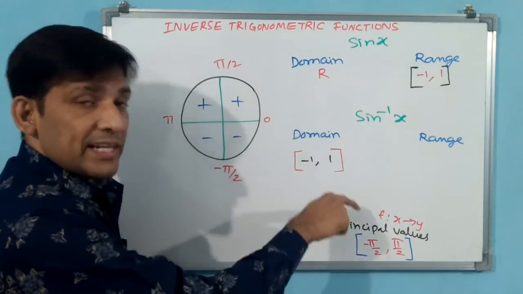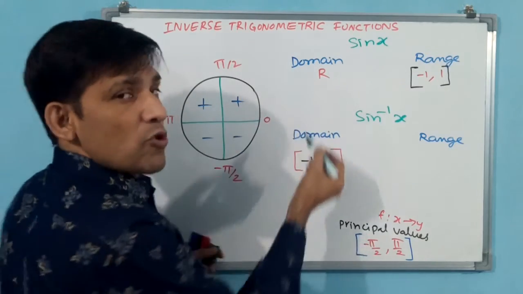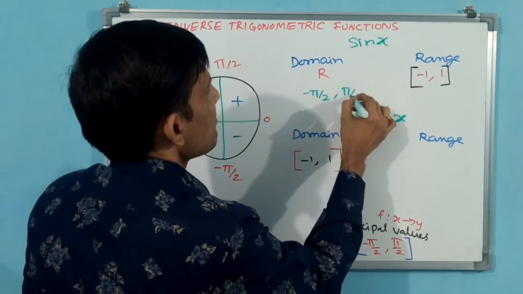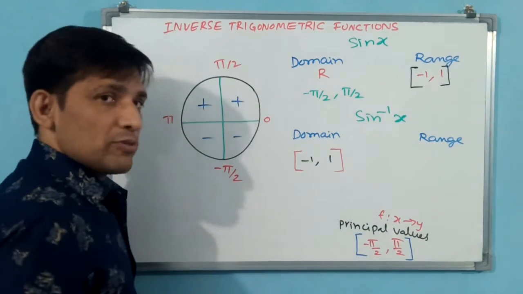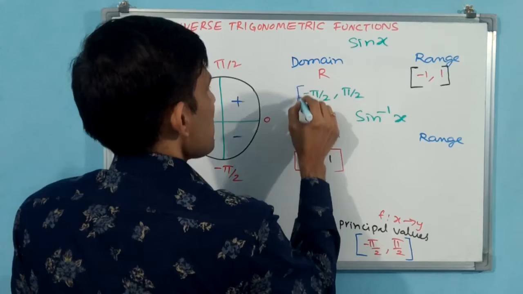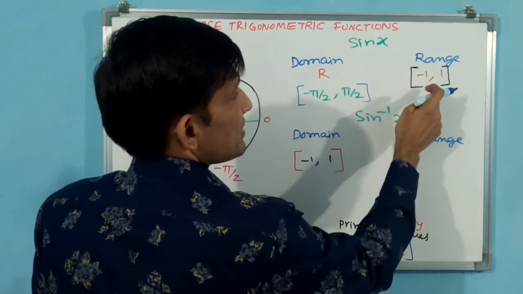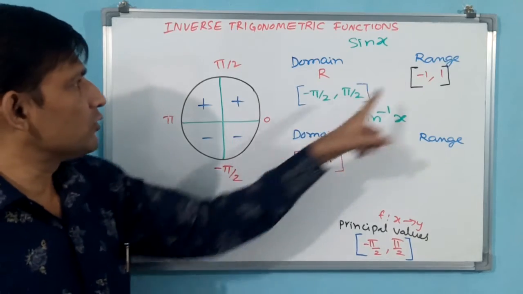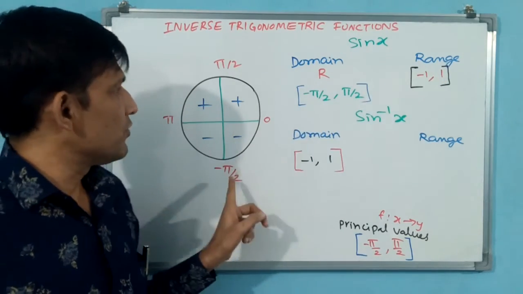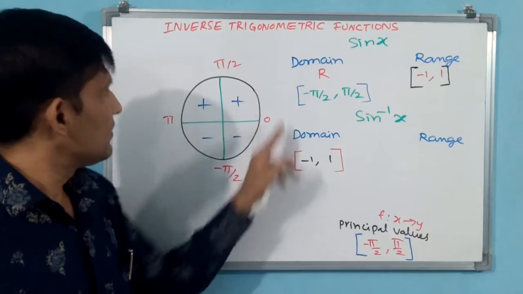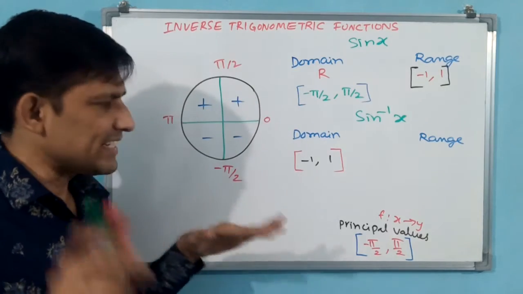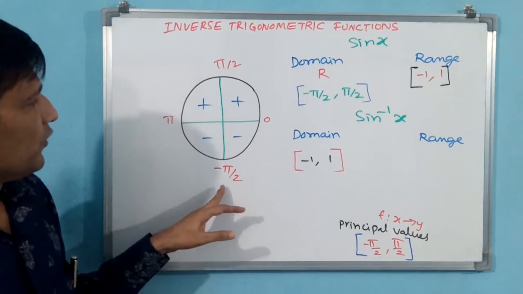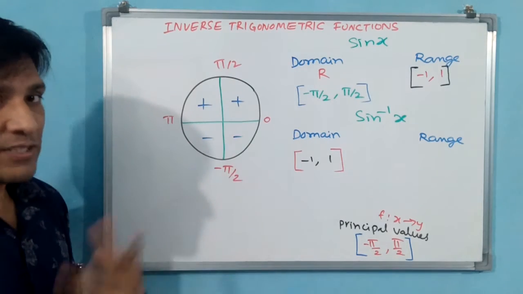But for considering sin inverse x, you have to change the domain to minus pi by 2 to pi by 2. These are definitely closed brackets. You can give minus pi by 2 also, pi by 2 also, and this is not going to change the values: minus 1 is going to come for minus pi by 2, and 1 for pi by 2. We are restricted to principal values, like the principal solution. If you give this, automatically the inverse is going to come.